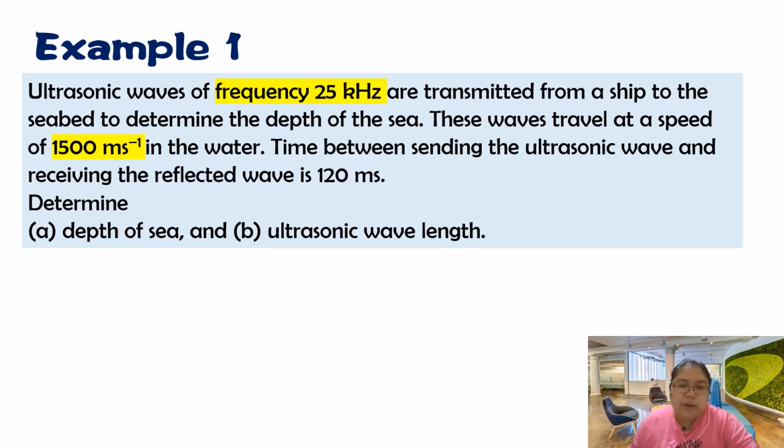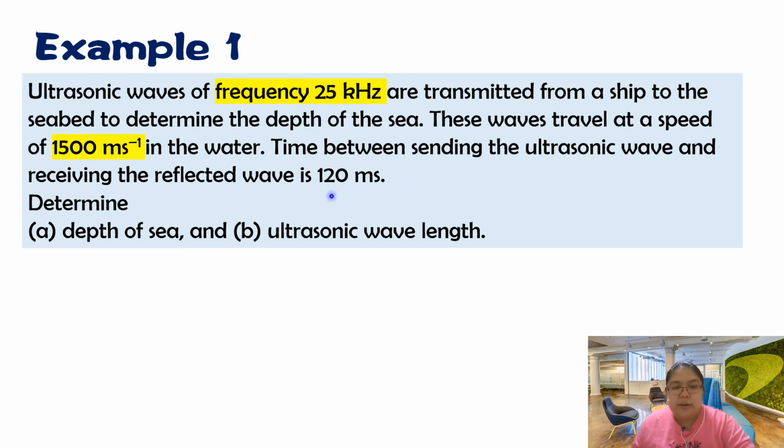Okay, then we go and see the first example question. Ultrasonic wave, they already provide the frequency, 25 kilohertz, transmitted from the ship to the seabed to determine the depth of the sea. This wave travels at a speed of 1500 in the water. The time between sending the ultrasound wave and receiving the refracted wave is 120 millisecond.